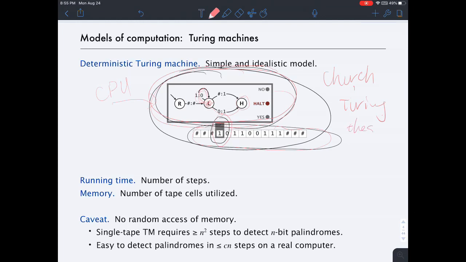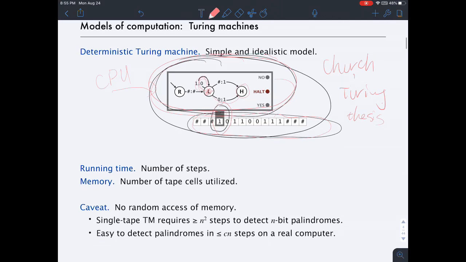This thesis basically says that anything that can be solved efficiently using modern computers can be solved efficiently using Turing machines. Let me write down the conclusion. The statement here: any problem that can be solved efficiently by modern computers can be solved efficiently by Turing machines.